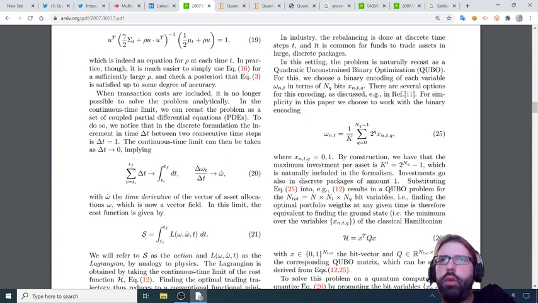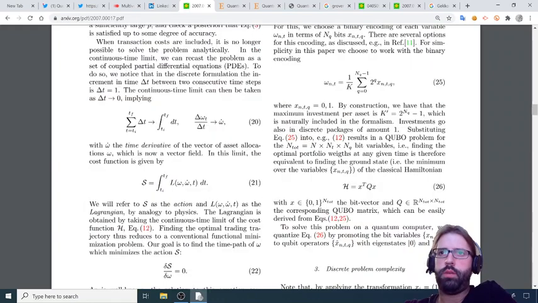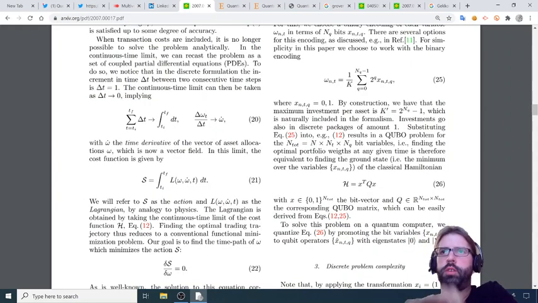Finding the optimal Fourier weights at any given time is therefore equivalent to finding the ground state of the Hamiltonian. The bit vector corresponds to the Q matrix, which can easily be derived from equations 12 and 25. Yeah, as I said, it feels like that's kind of what it is, right?